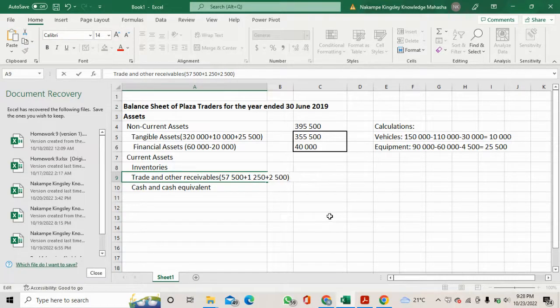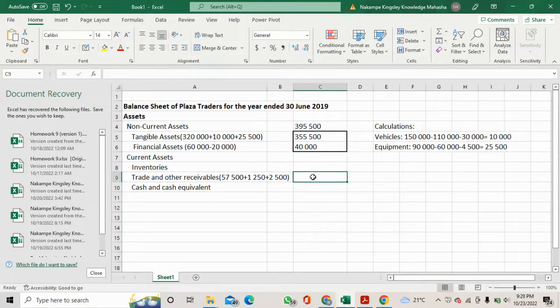That is what we're going to have, and then we're going to get an amount of 61,250. That would be our trade and other receivables.